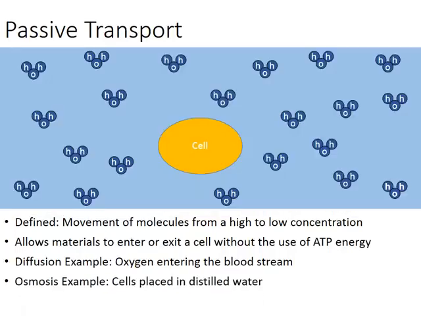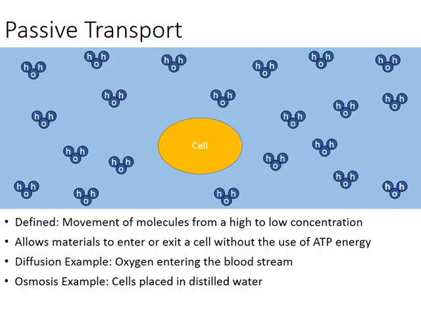Another example of passive transport is something called osmosis, and this is really the same thing as diffusion, only it's the diffusion of water. So here's a cell that's been placed in distilled water. Distilled water is highly concentrated. It's pure H2O. There's no other impurities in it.